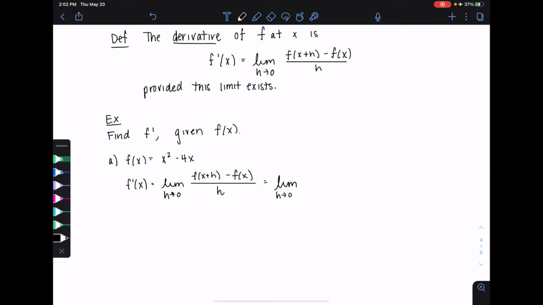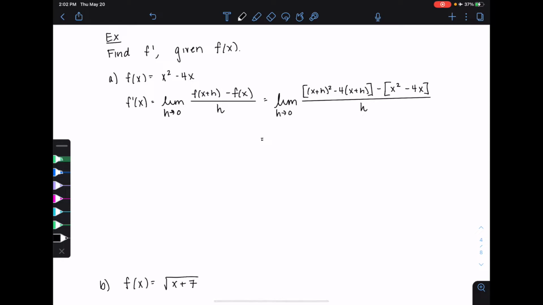This gives us the limit as h approaches 0 of x plus h squared minus 4 times x plus h. And then we want to subtract our original function, x squared minus 4x. Then divide this quantity by h.